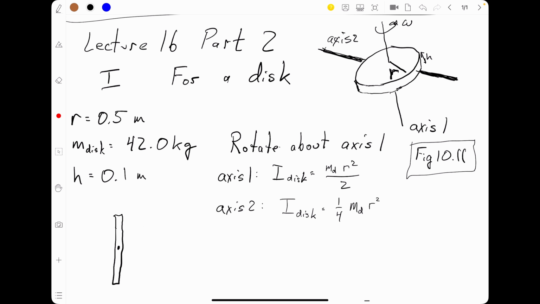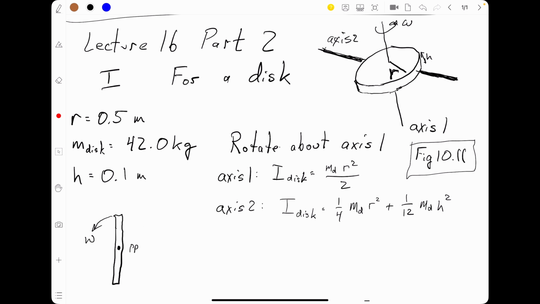Okay, so we have 1/4 mass of the disc times radius squared, but we also have to add in 1/12 the mass of the disc, and instead of the length of the disc, we're using our height. So it's the height squared. Now we're spinning this thing like that, about the center, about this axis. That's our pivot point.